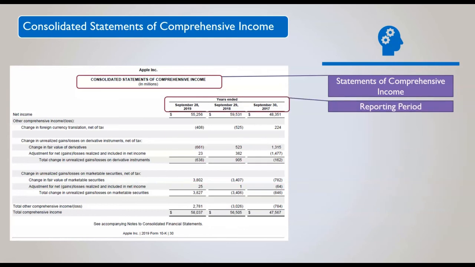Here, similar to the statement of operations, the statement of comprehensive income includes 3 years of information and reflects the fiscal year for the company. Again, this is because Apple Inc. reports under US GAAP as opposed to IFRS.